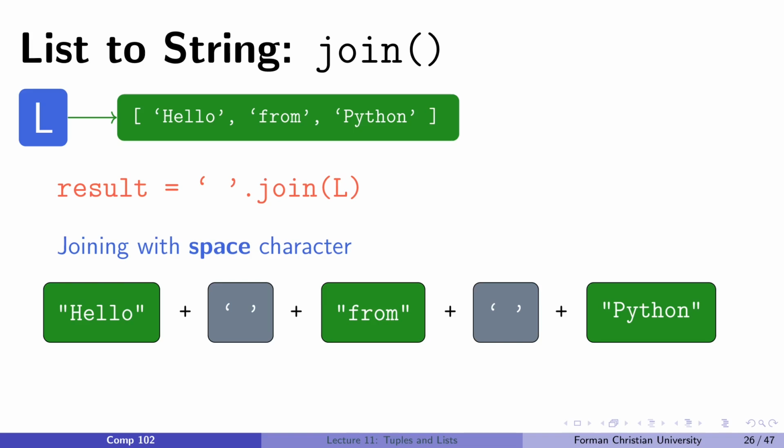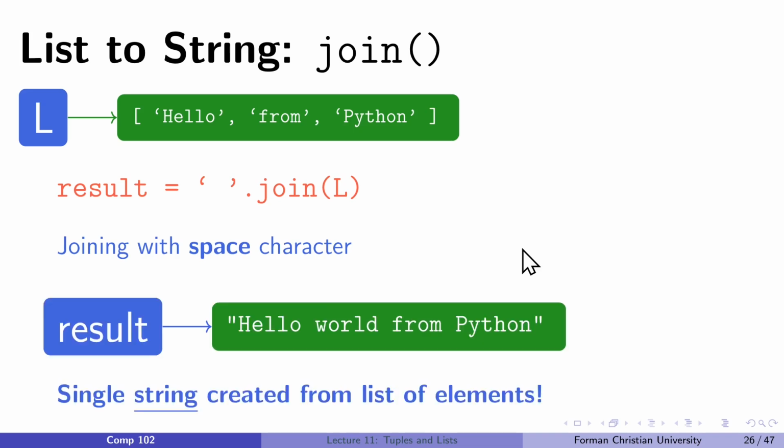You see the plus signs here and the spaces in between each word. So that's join at work. It inserts the separator, and the separator in our case is this space between every pair of words. So the resulting string is going to be hello world from Python. Split breaks the string into a list. Join reassembles the list into a string. So that's the reverse operation.